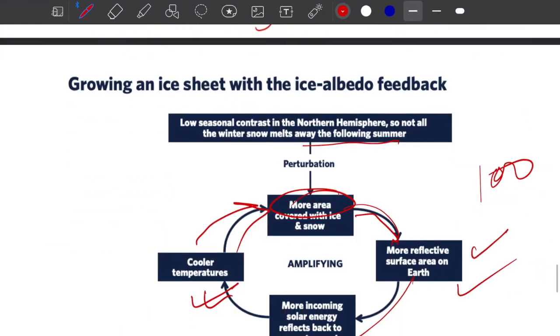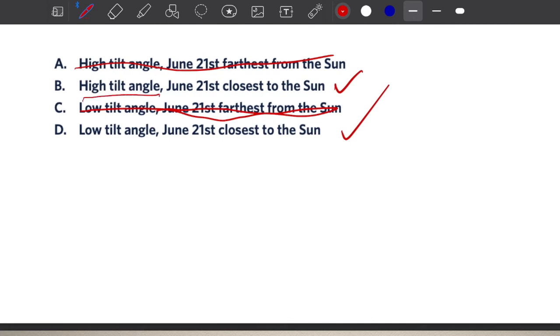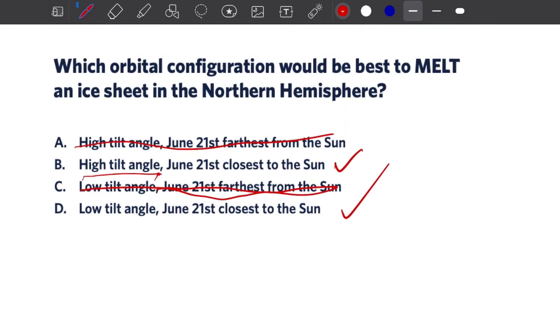We discussed this just now. So what we want is a high tilt angle, so the seasonal contrast will be more, and with more seasonal contrast, less ice will form, so melting will occur. Is this clear?